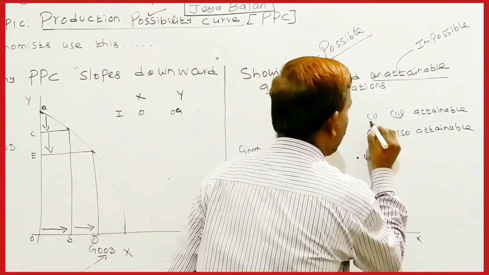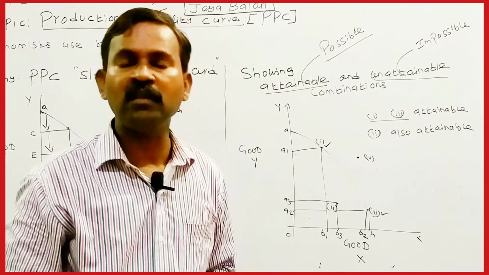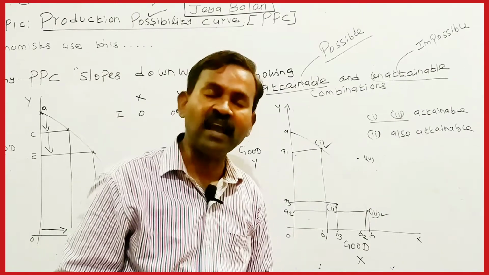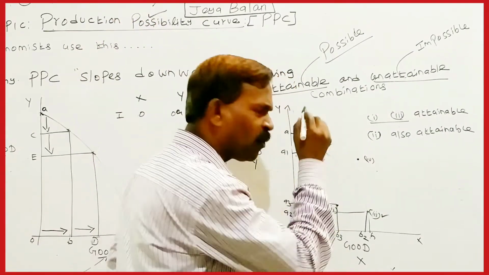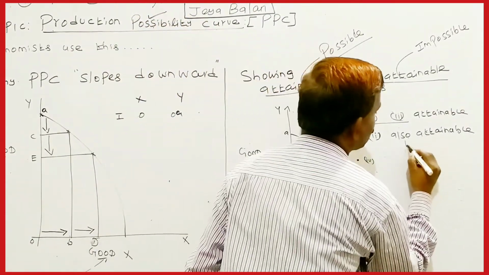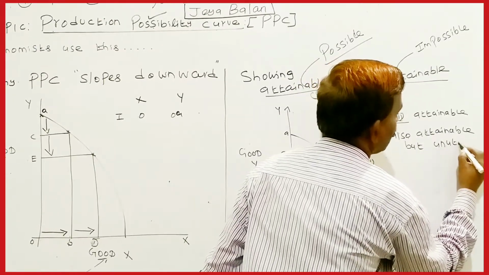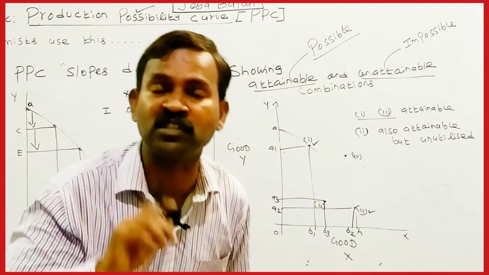In the case of points plotted on PPC, the economy utilizes all its resources fully and efficiently. But what is the special thing of any point plotted anywhere inside the PPC? It is attainable combination, but some of the resources are unutilized. Underutilization of resources.